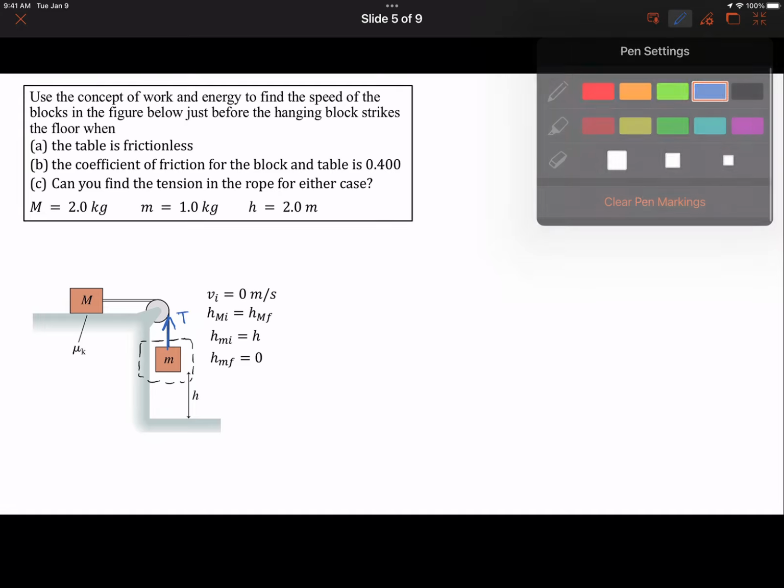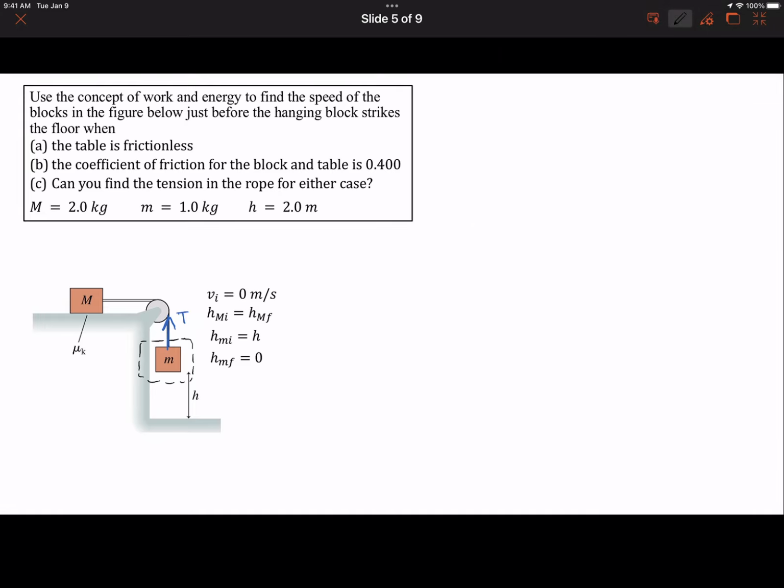So we can use the work energy theorem, which says that the work done by non-conservative forces acting on the hanging mass would be the kinetic energy final of that mass plus the potential energy final, minus the initial energy, which would be the kinetic energy initial plus the potential energy of the hanging mass initially.